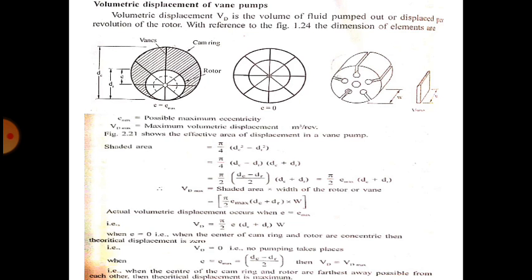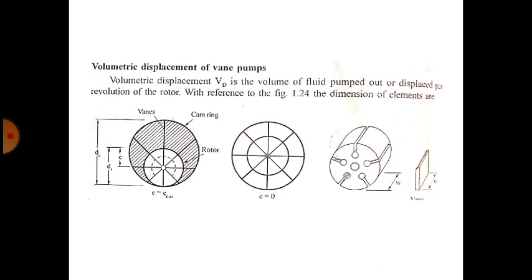This is the volumetric displacement of the vane pump. Volumetric displacement Vd is the volume of fluid pumped out or displaced per revolution of the rotor.